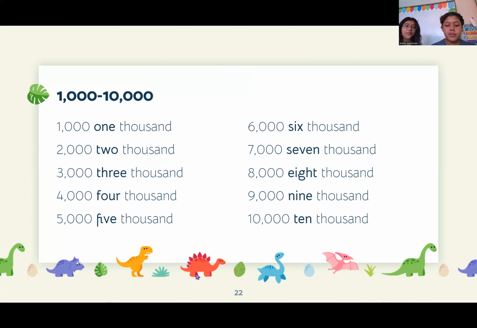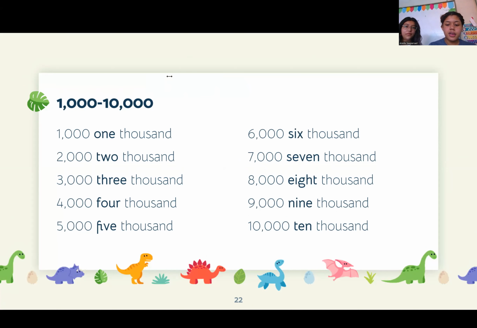So from what do we have? 999 would go to 1,000. So it's not like 1,000, but we'll talk about that later. So you can see here that it follows 1, 2, 3, 4, 5, 6, 7, 8, 9, 10, and has the 1,000 ending.